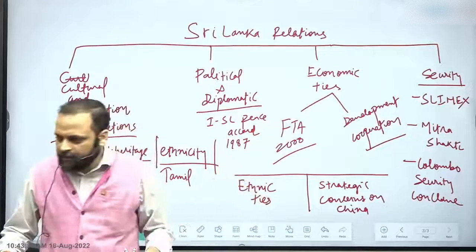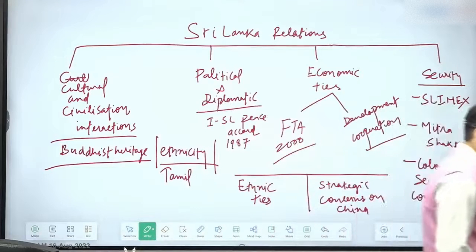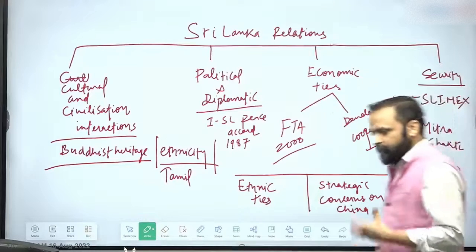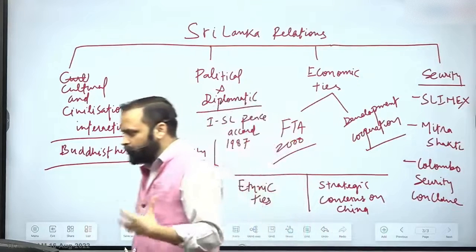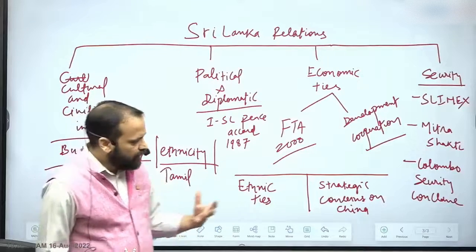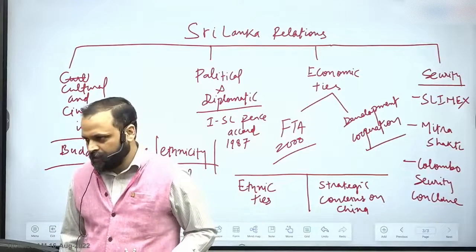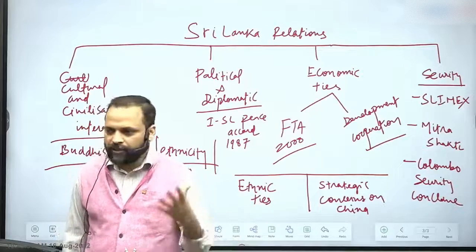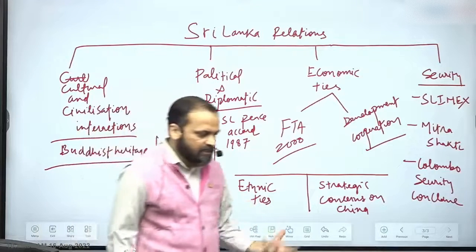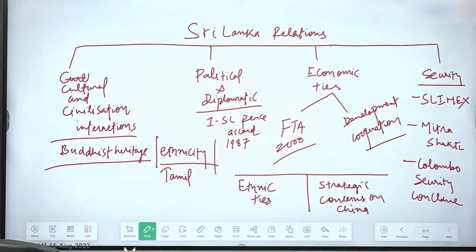Concerns are related with certain elements of ethnic ties, which become a political and diplomatic issue between India and Sri Lanka. And in recent times, our strategic concerns are related with the larger maritime domain, but more importantly, with the way in which China is emphasizing the Indian Ocean region. China is giving importance to the Indian Ocean region, and thereby China is developing its stakes in Sri Lanka. So we are always concerned. Has something come up in the news recently?